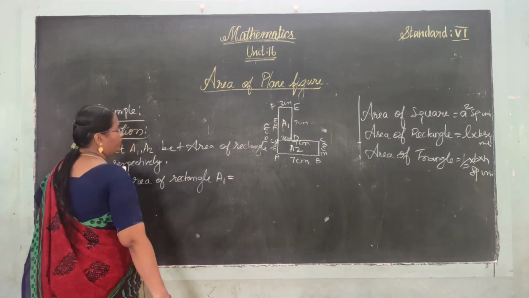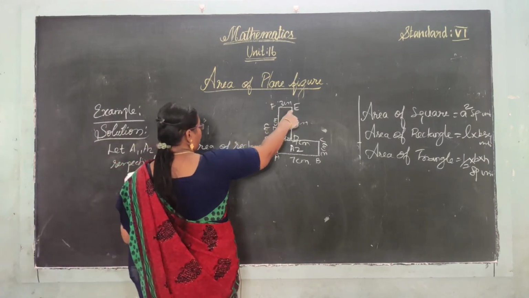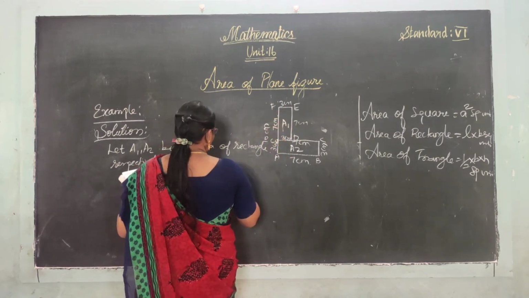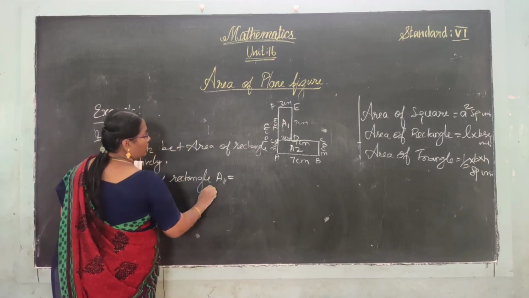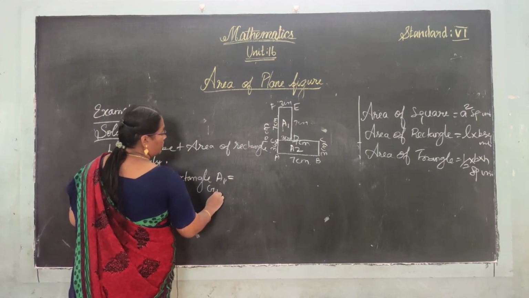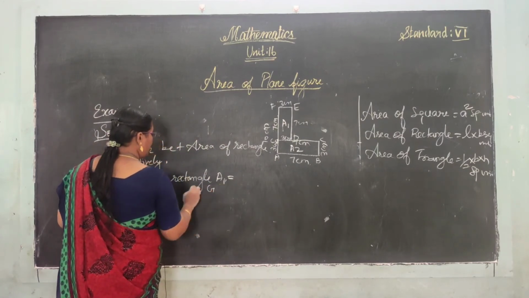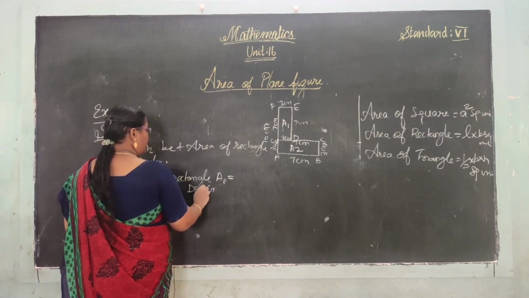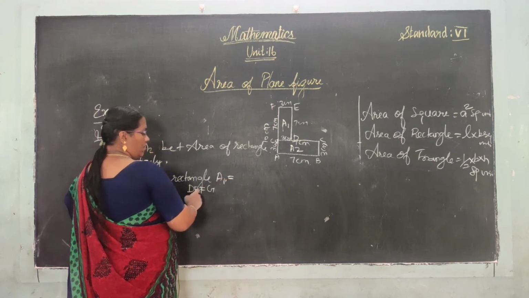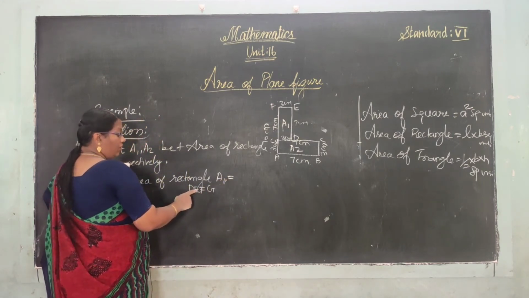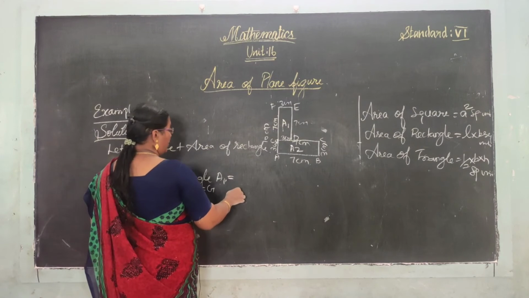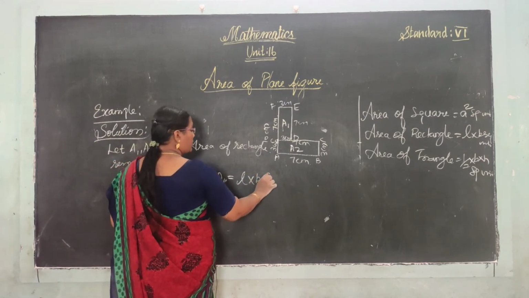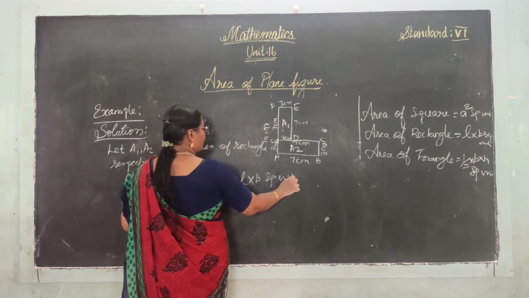The first one is the rectangle DEFG. A1 means the rectangular shape DEFG is equal to, what is the formula for the area of a rectangle? L into B square units.